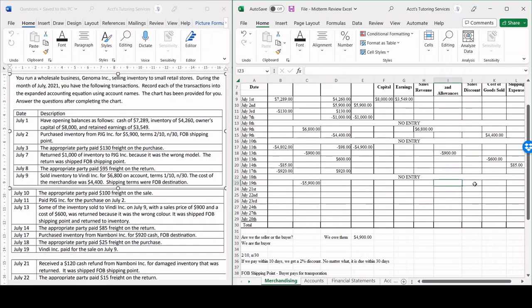Remember, the sales discount is going to be increased, which is going to be denoted by a negative number. So we're going to take the 5,900 and times it by the 1%. Remember, terms 1/10, n/30 mean if they pay within 10 days, they get a 1% discount, no matter what, it is due within 30 days. When we plug this into our calculator, 1% is going to be 0.01.